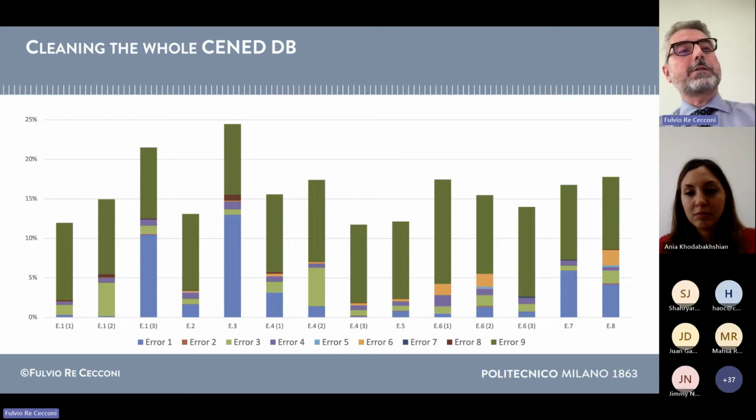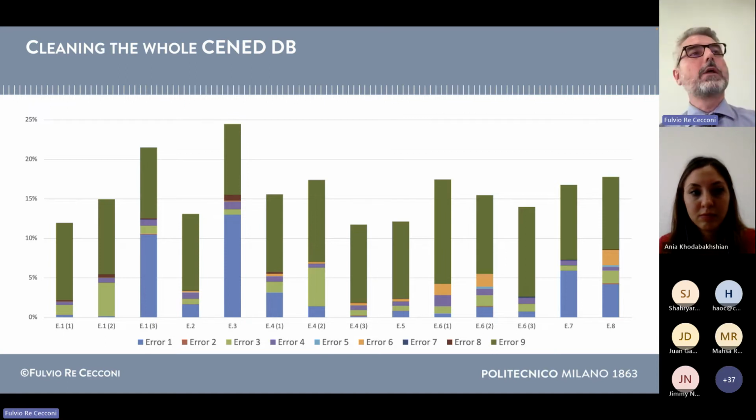The bar is colored according to the error, so you can see that most of the errors in residential buildings, the first bar on the left, are errors due to the energy performance, error number 9, the dark green. The second most common error is error 3, which was the one about the average age of the building, so the volume divided by the gross surface, and so on.